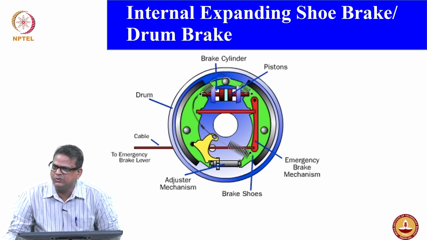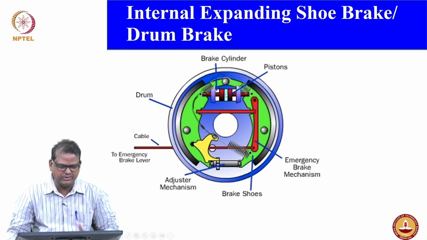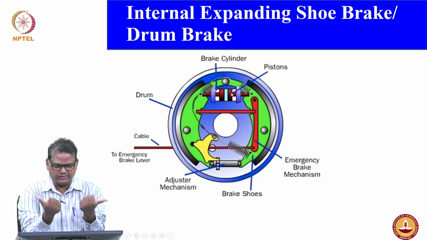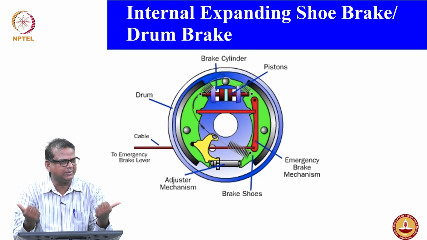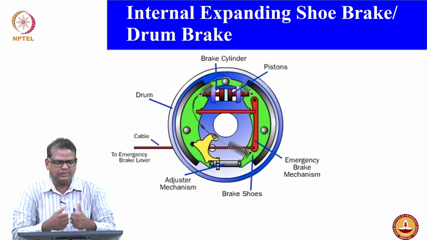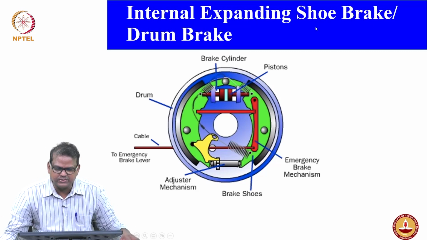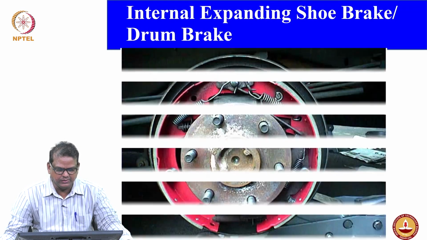In automobiles, usually the shoes are arranged inside the drum, and the moment a force is activated through the wheel cylinder, the shoes move to make contact on the drum. That's why it's called internal expanding shoe.